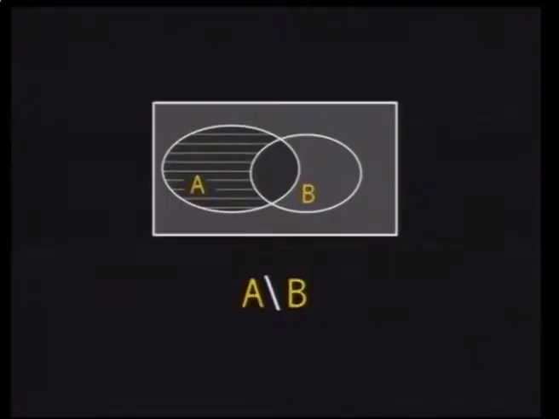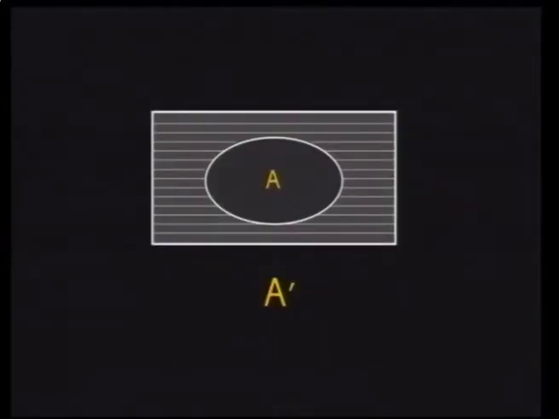So X is an element in A but not in B. We use this slash here, meaning those elements in A that are not at the same time elements in B. We can also use the complement of A, meaning the set which comprises those elements that do not possess the quality or the property of A.